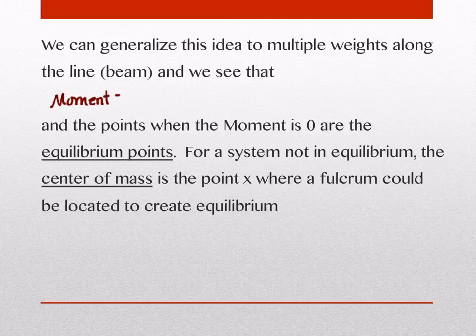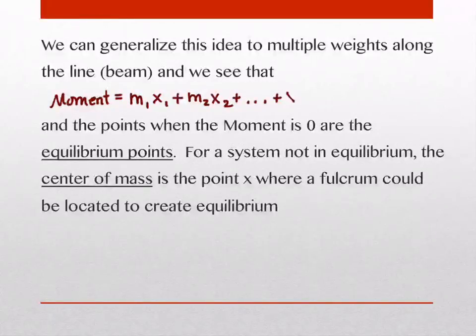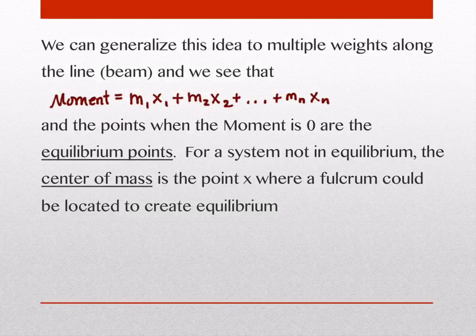Moment would equal each weight, so M1, times its distance x1, plus M2, the second weight, times the distance x2, and all the way up until we get to whatever our last value is, and they're calling it M sub n with a distance x sub n.